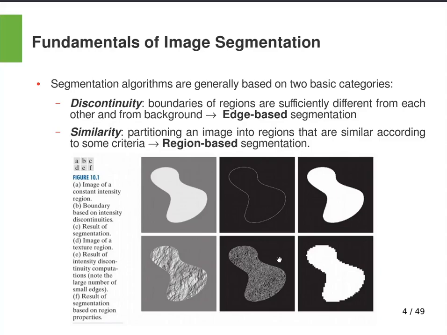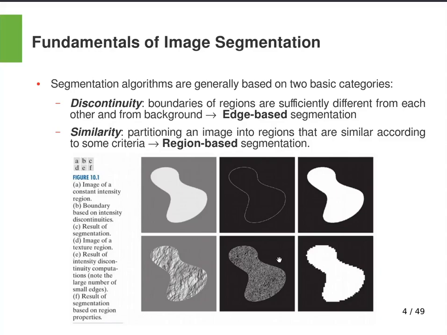Segmentation algorithms are generally based on two basic categories. We have discontinuity-based segmentation, in which boundaries of regions are sufficiently different from each other and from the background, and edge-based segmentation is one example of discontinuity-based segmentation.